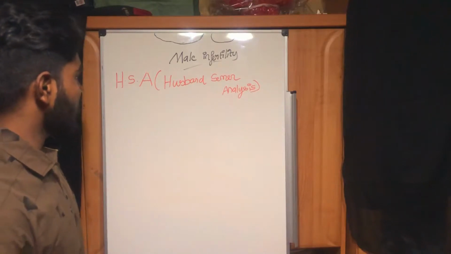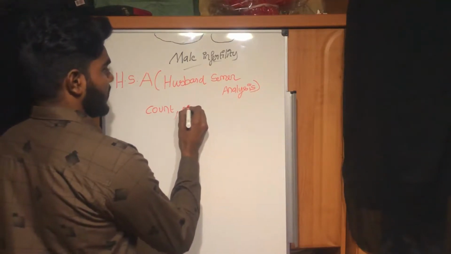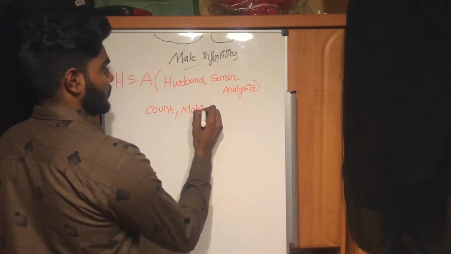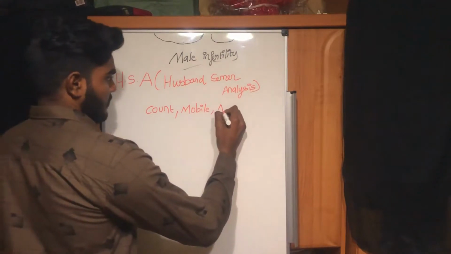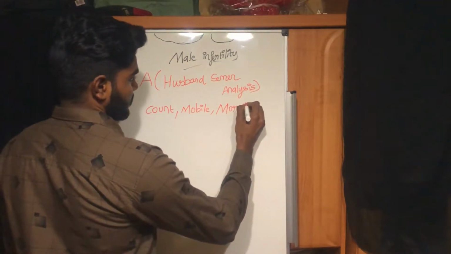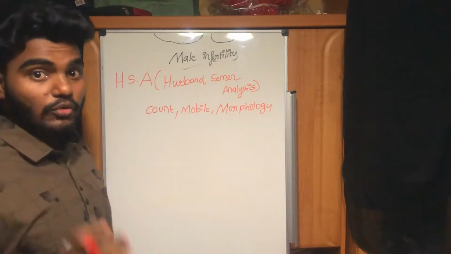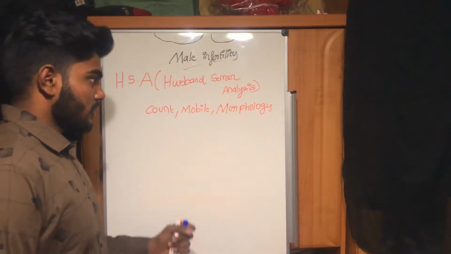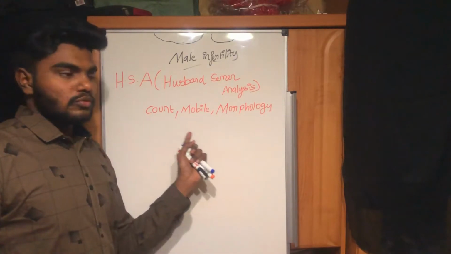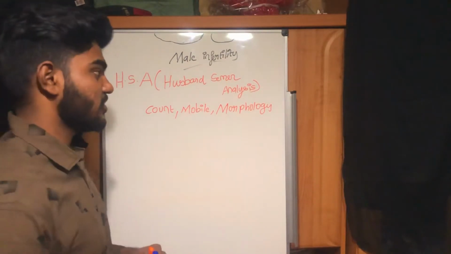In the sperm we mainly have to look at the count, the motility, and the morphology. We have to do all of these within half an hour of ejaculation of sperm.